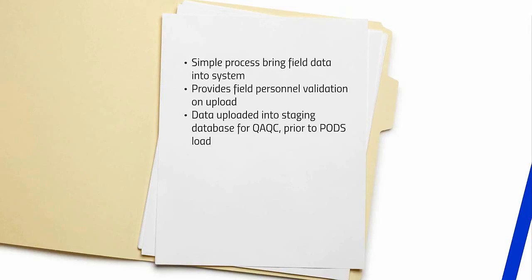Another key piece here that sometimes is overlooked is in this upload process we're going to see a validation point. Some of the feedback we've gotten from field personnel that we've worked with is in prior field data collection workflows, whether they were doing it on paper, in an Excel doc, using other GPS-type technologies, very often they've done all this work to collect all this data, and they submit that information, whether it be through email or whatever process they might have, and they often feel it goes into this black hole.